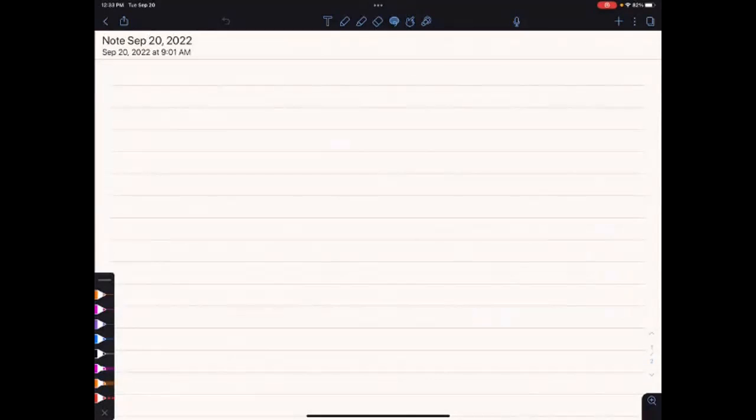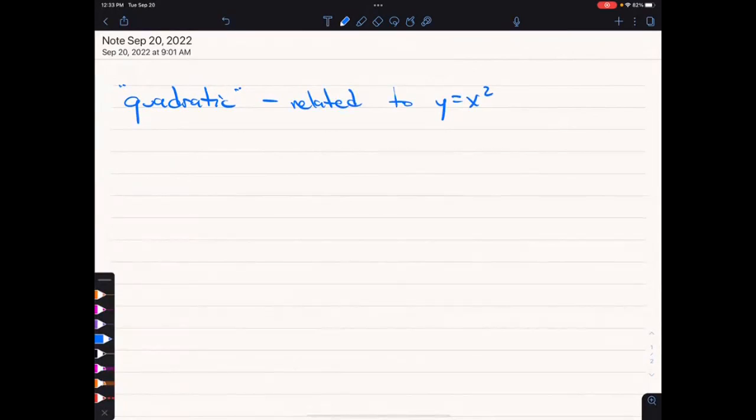Which is good news because we already know a lot of stuff about x squared. Like I said, we're going to get into a lot more detail, of course. I'll just say related to y equals x squared.